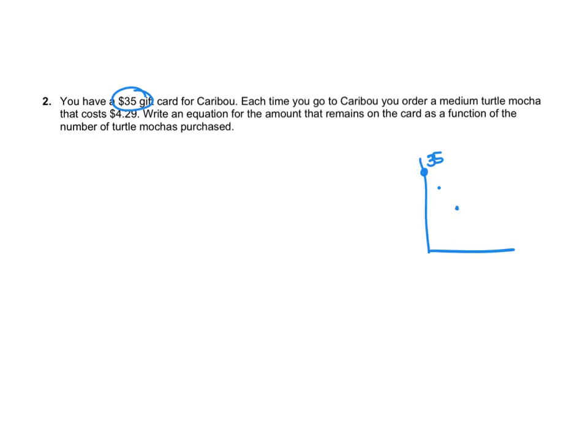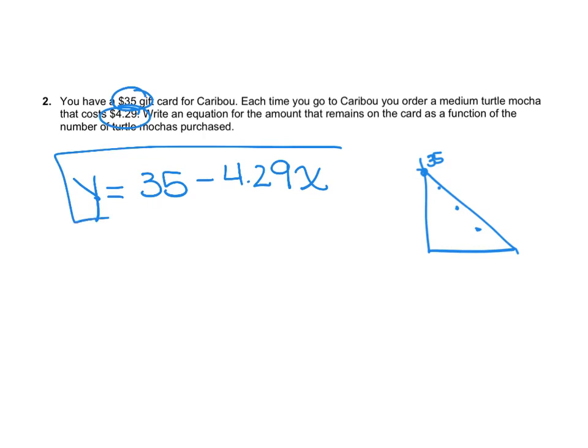So you keep going down like this. Anyway, we get the idea there. So our rate of change is 4.29, or a negative 4.29, because we're subtracting it. So we have our y is equal to our y-intercept of 35, and then we're going to subtract the $4.29 for each mocha that you purchase. And so your equation would be y is equal to 35 minus 4.29x.